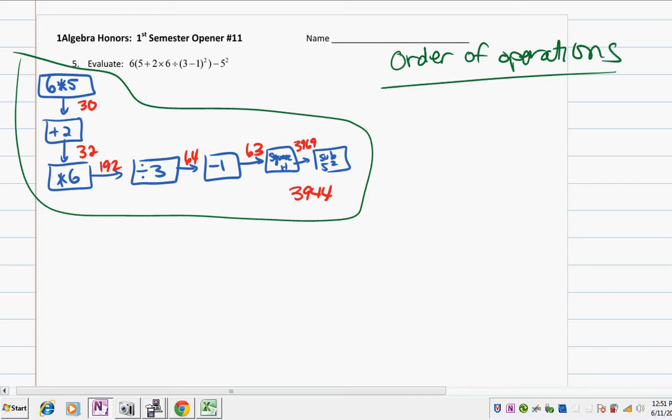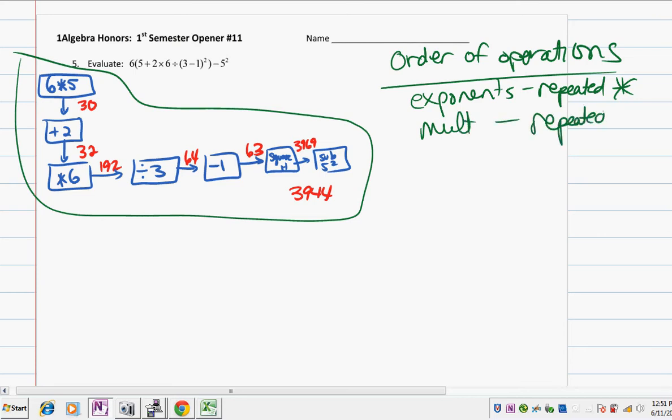The order of operations is basically, if you think about a lot of these operations, they're just other operations. Exponents are just repeated multiplication. And multiplication is just repeated addition. And the other thing is parentheses shows collection. We're trying to collect things.